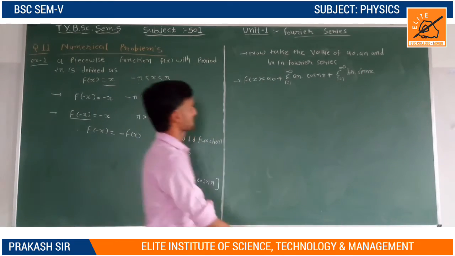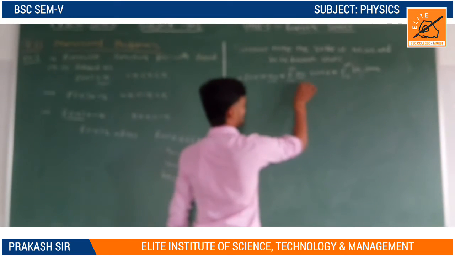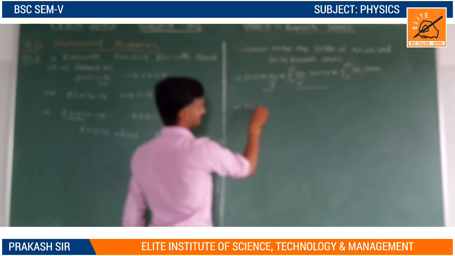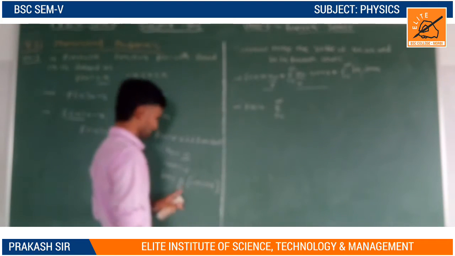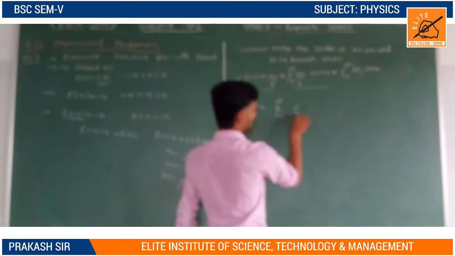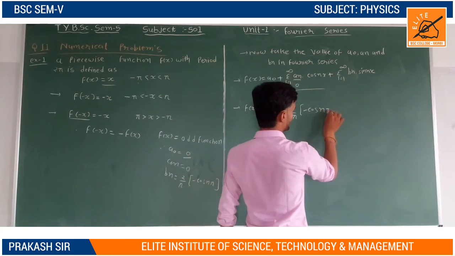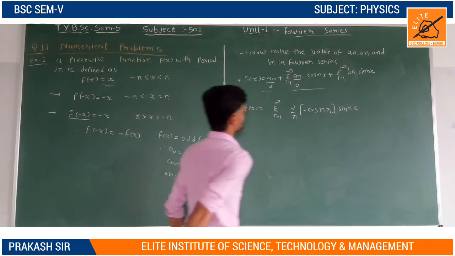Here a0 is 0 and an is 0, so these terms go to 0, so f of x is equal to summation from 1 to infinity of bn, which is 2 upon pi minus cos n pi, into sin nx.